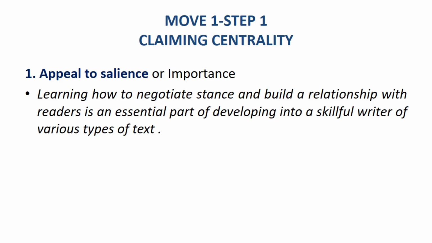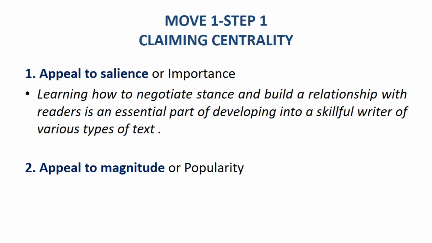This is the example: Learning how to negotiate stance and build a relationship with readers is an essential part of developing into a skillful writer of various types of text. So this is our statement that the topic, stance negotiation, is important for readers and also for writers. Okay, so we state that our topic is important.